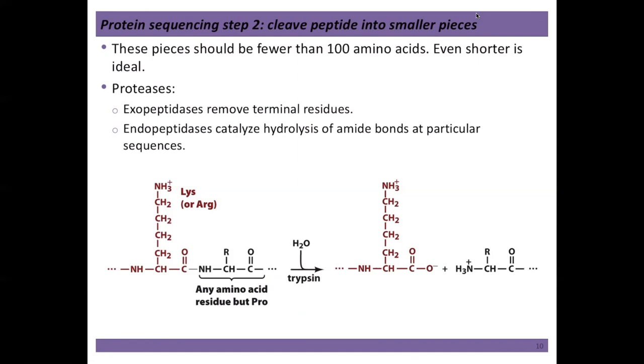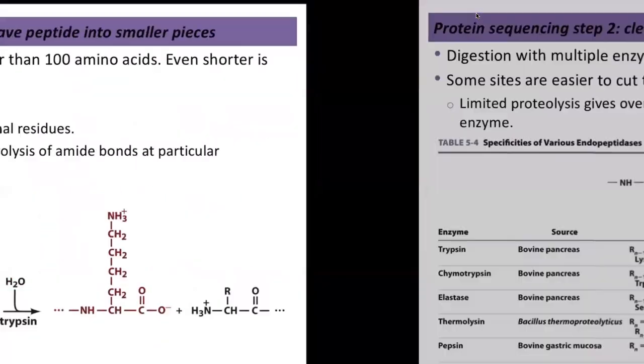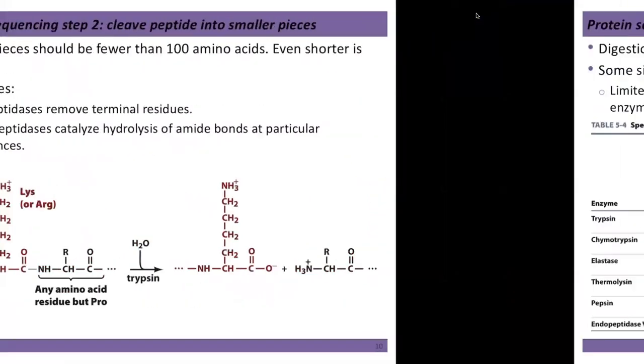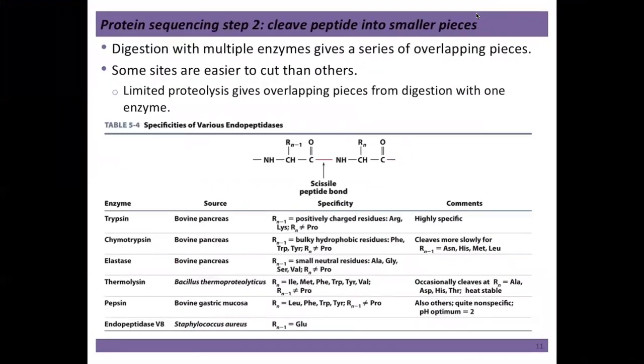What you can do is actually a partial digestion. So you don't let the trypsin cleave after every lysine or arginine. You let it kind of hit. And so it may get only every third lysine or arginine. And if you do this right, then you just get these random fragments. And I'll show you why you want these random overlapping fragments in a second. But that is one technique that we can use.